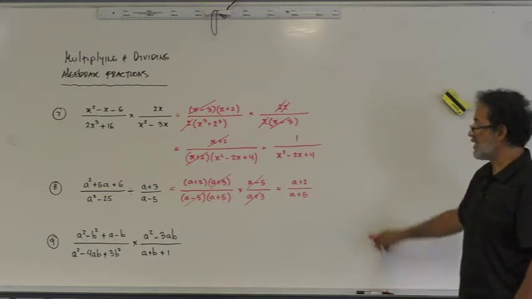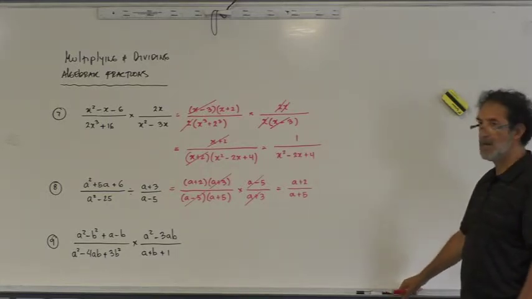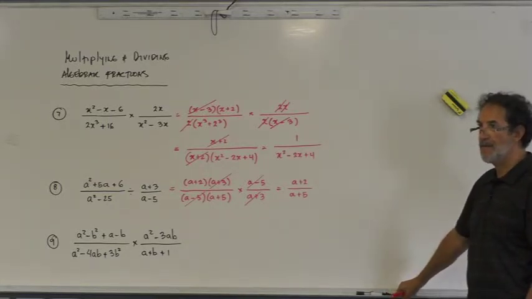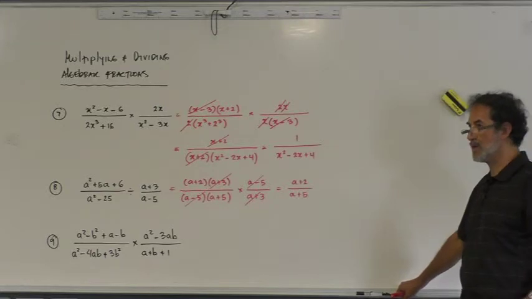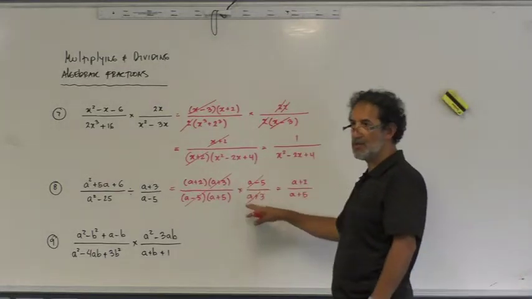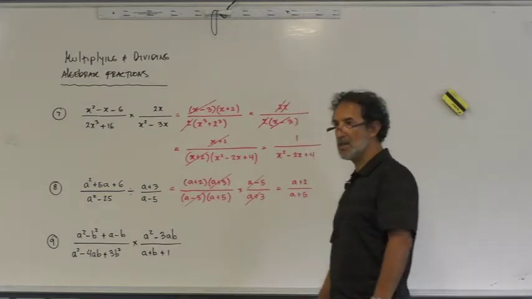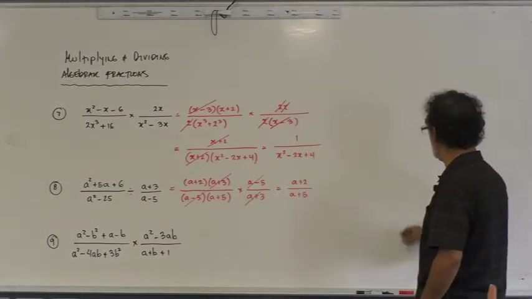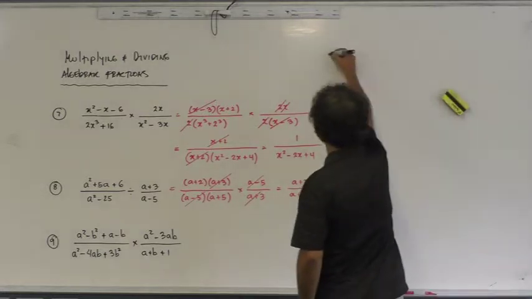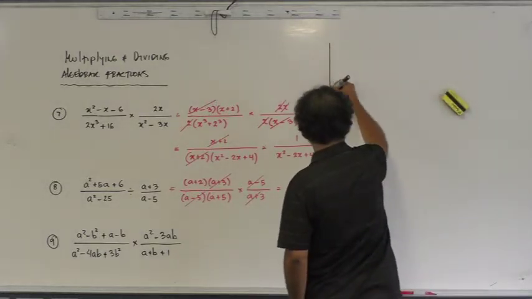Okay, so you can see that they are very easy factorization, very easy division and multiplication of fractions, but in here we are putting a lot of things together, so you need to be careful. Now, question 9 is one of the hard ones.